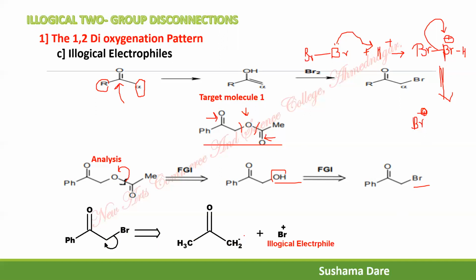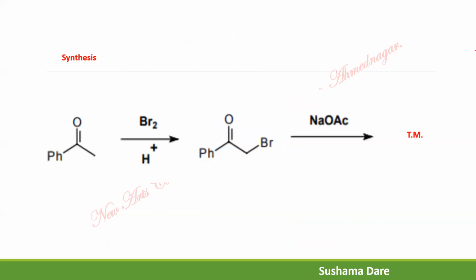Therefore, this is a negative charge here, and the plus sign is generated on this, so it is an illogical electrophile. What is the remaining part here? The remaining part is methyl CO, and that is sodium acetate.